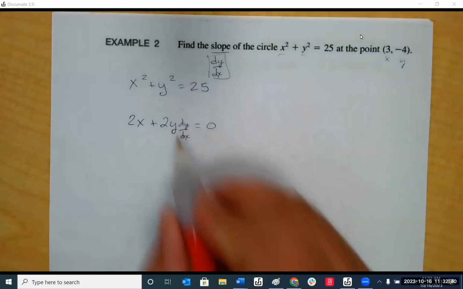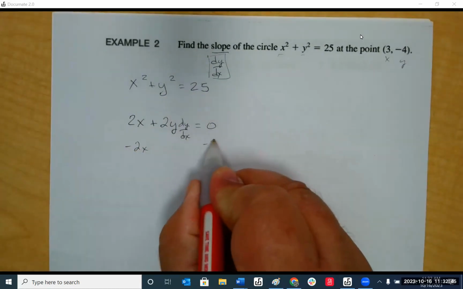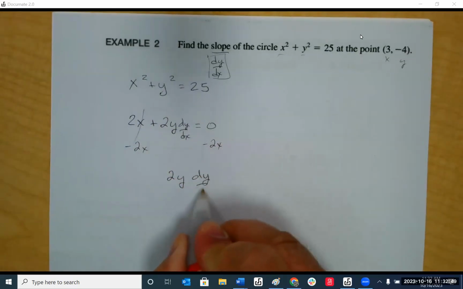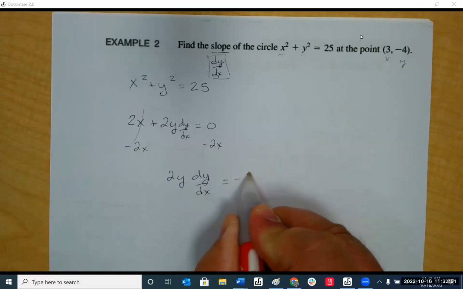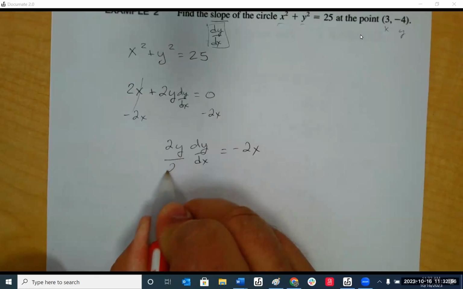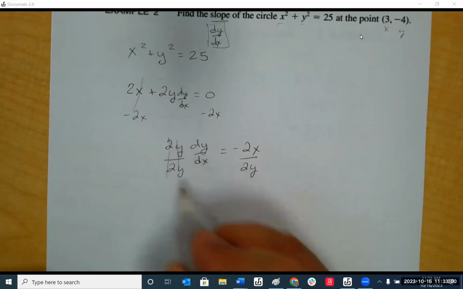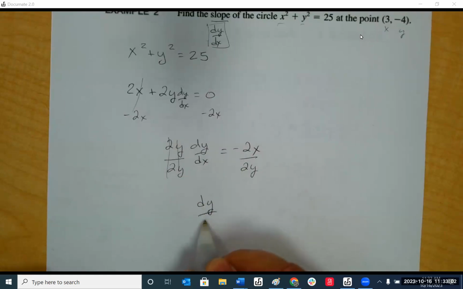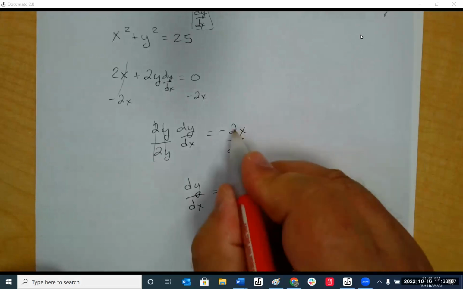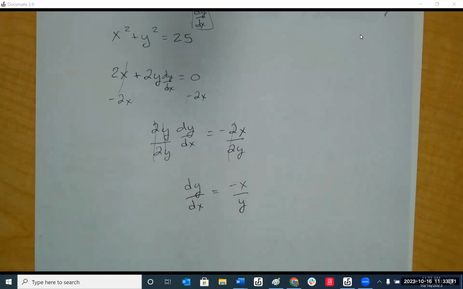So now solve for dy dx. Subtract 2x, so we have 2y dy dx equals -2x. Divide both sides by 2y. The 2's cancel, so we have -x over y.